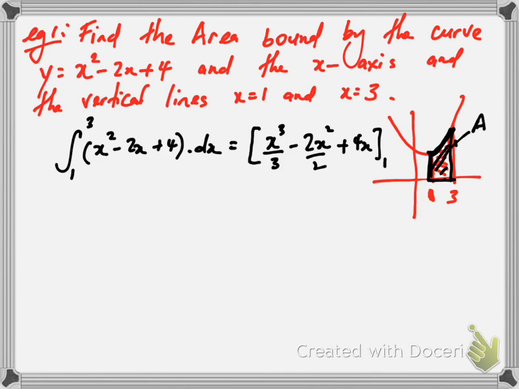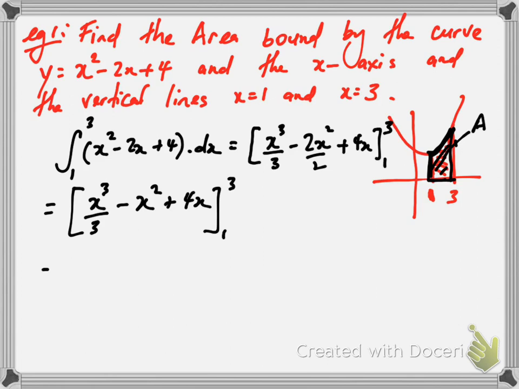So if I simplify, I get x cubed over 3 minus x squared plus 4x, all the way from 1 to 3.